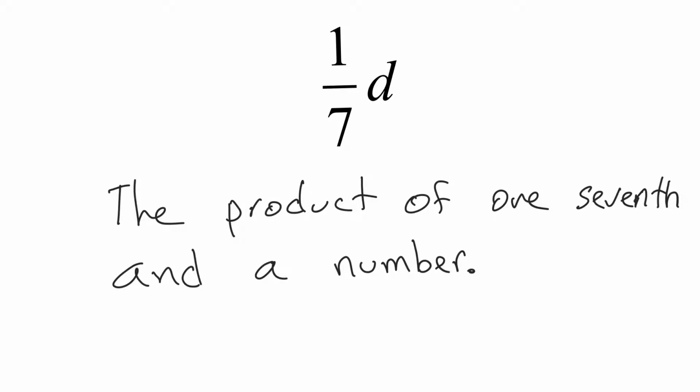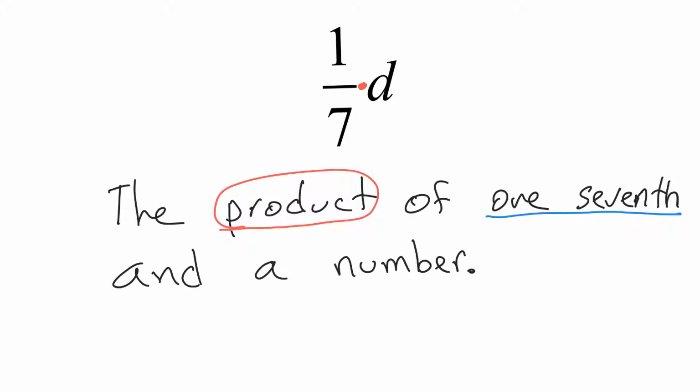And here we have a fraction 1 over 7, but we are multiplying, so notice in between the fraction and the variable we have an invisible times. There's no plus, there's no minus, so by default we are multiplying. So we have 1 over 7 times d. So the sentence that represents this expression we can use is the product, so that's times, the product of 1/7, and that's the actual fraction 1 over 7.